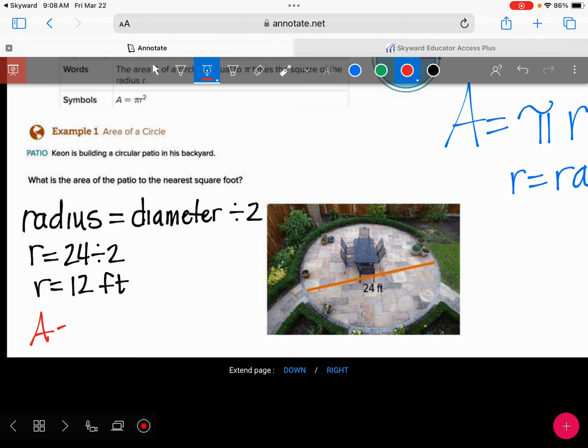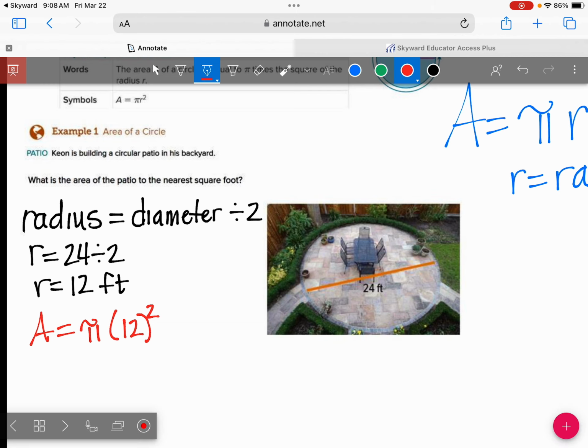So to find the area, we're going to take pi times radius squared. So go ahead, type that in your calculator. Hit the pi key. And then 12 squared. And then make sure you hit the button above enter to get it as a decimal.